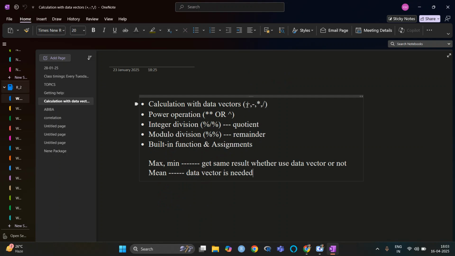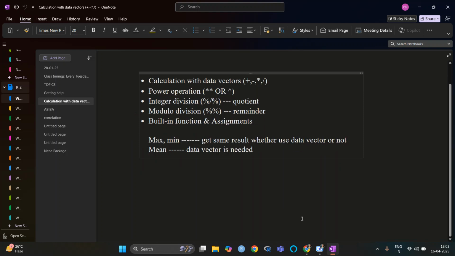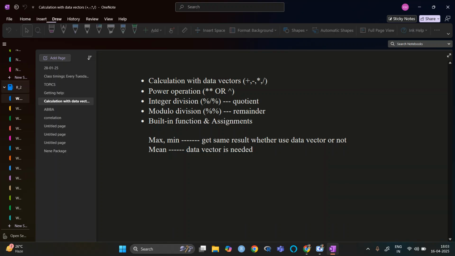These are the basics, and then the power operation. You can use integer division, modulo division, and there are some other built-in functions.